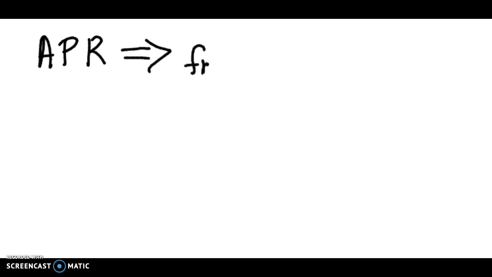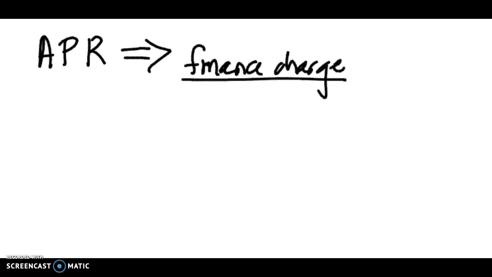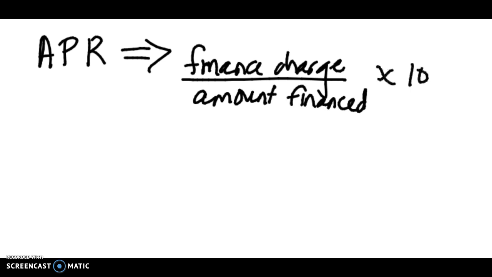Okay, so let's find the APR. Remember the formula for APR that you've seen in another video. It's used by determining the finance charge divided by the amount financed, multiplying it by 100, and then using the table.